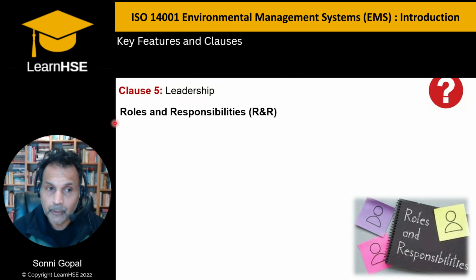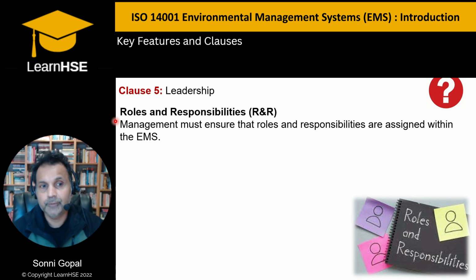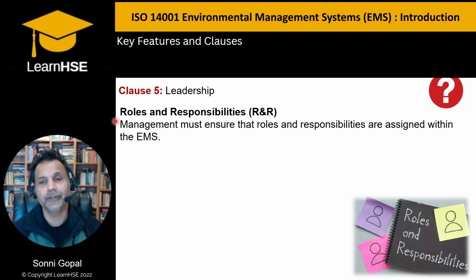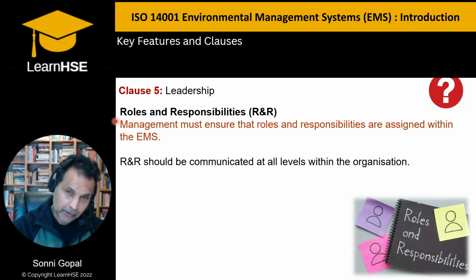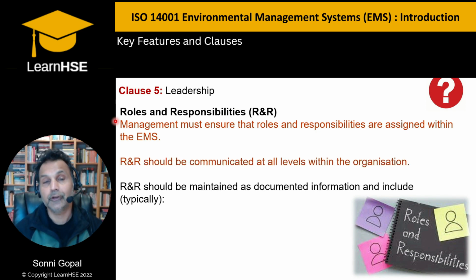About roles and responsibilities in Clause 5, we need to make sure that management are clear in terms of the roles and responsibilities assigned within the organization when it comes to the EMS. They should be communicated at all levels within the organization and maintained as documented information or a documented procedure.